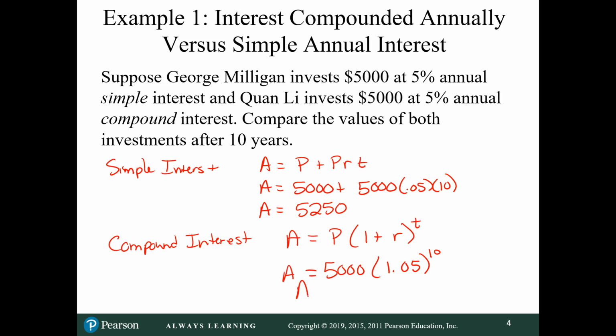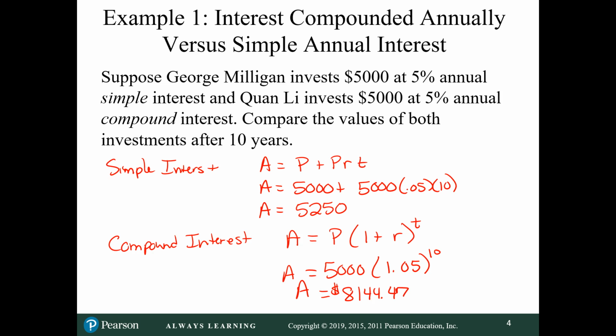You'll see that Quan Lee makes out like a bandit in this situation compared to George. So 5,000 times 1.05 to the 10th power. What is that? $8,144.47. So Quan Lee makes almost $3,000 more than George just because it is compounded.